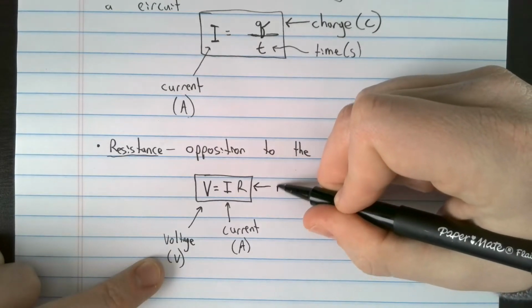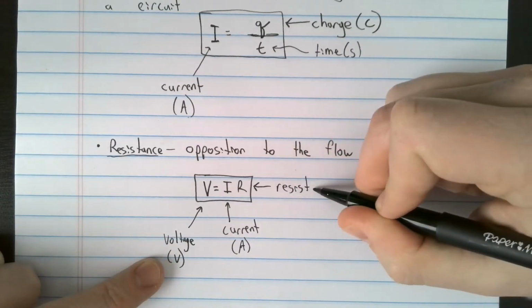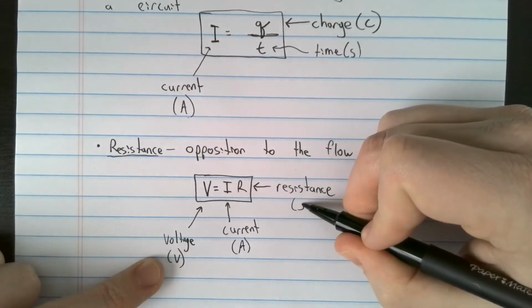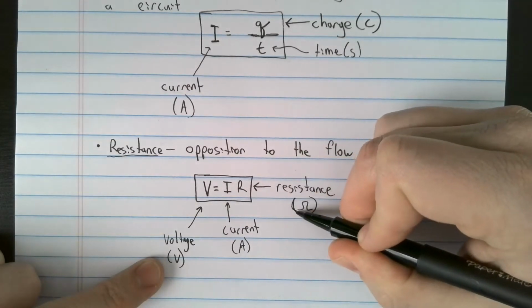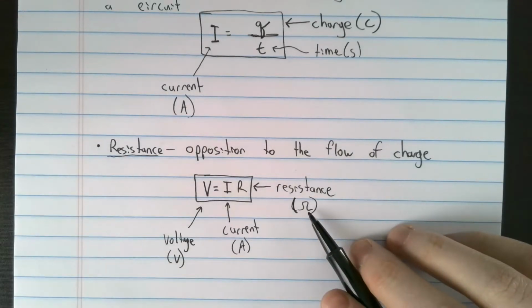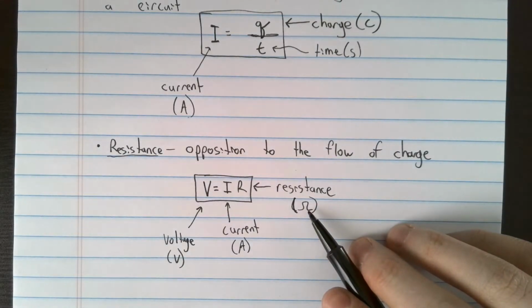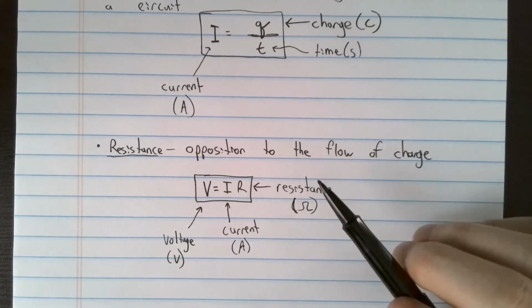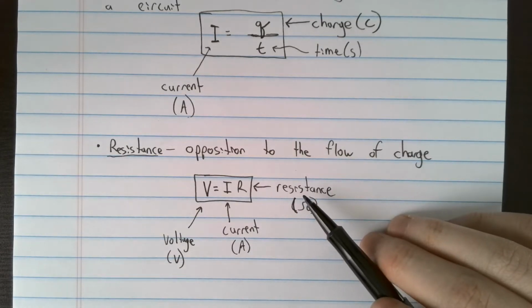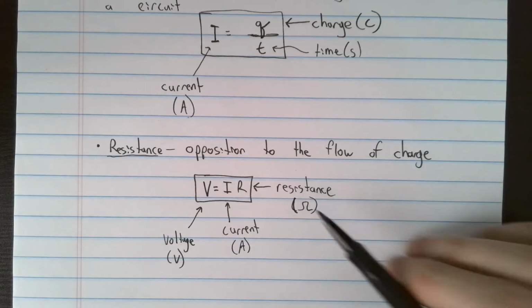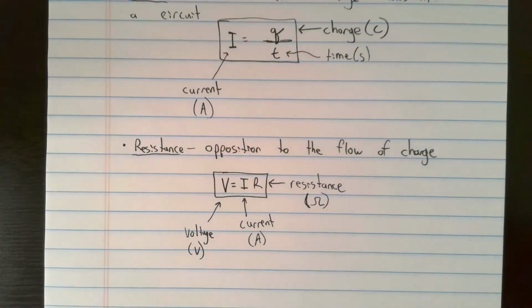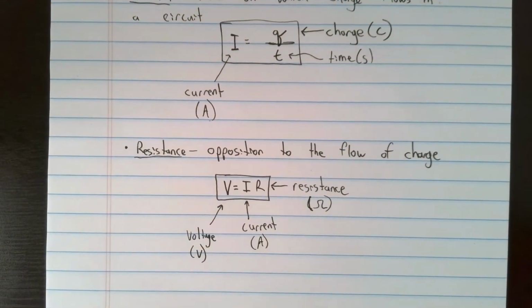R stands for resistance, and it has the coolest unit of them all, ohms. It's like a horseshoe shape. Or if you take the True Religion logo and flip it upside down, you get the ohm, spelled O-H-M, Ohm's law. So the unit for resistance is ohms. It's a little horseshoe.